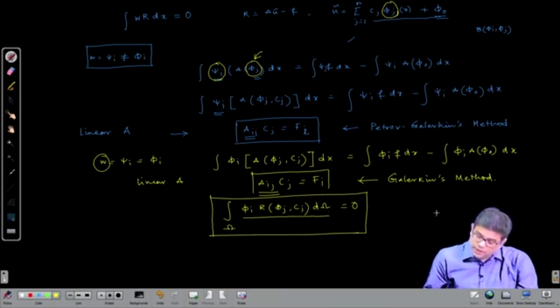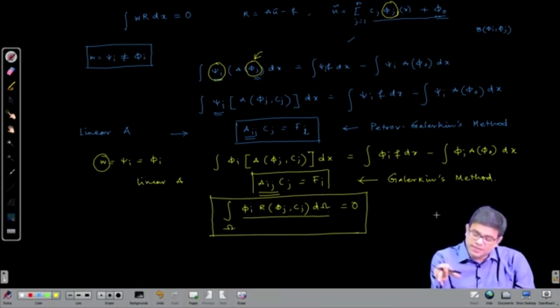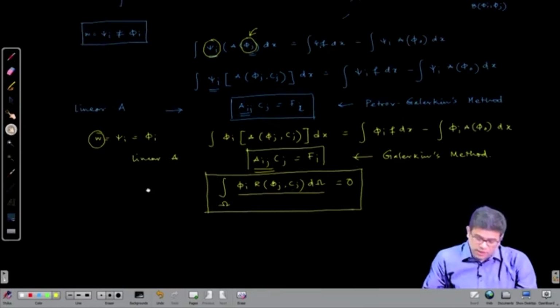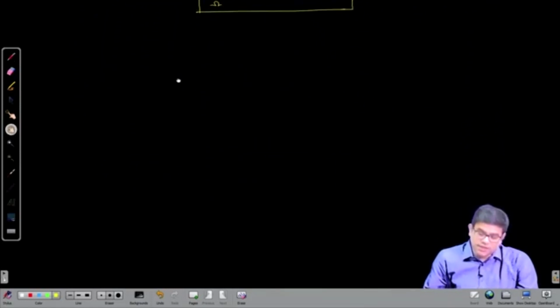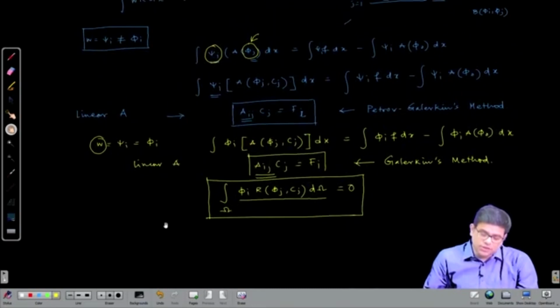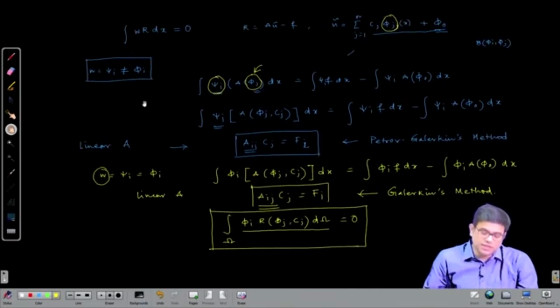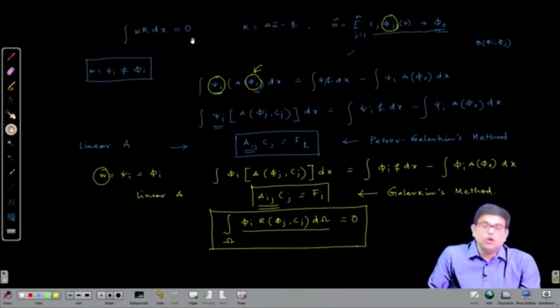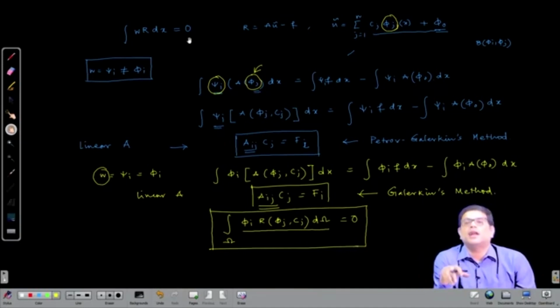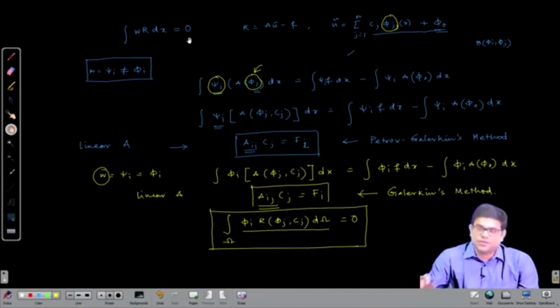Now in the next lecture, I will show with an example how these methods could be different for the same differential equations. Now one more thing that we wanted to discuss is that actually based on this function, that is WR equals to 0, that weighted residual form, by taking different W we can arrive at different weighted residual methods.